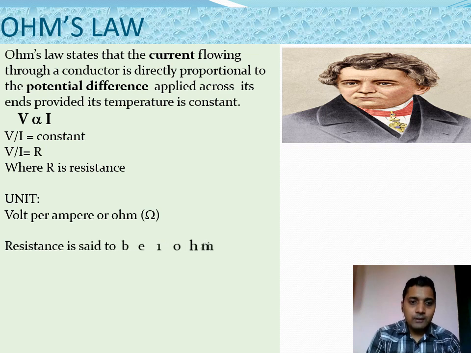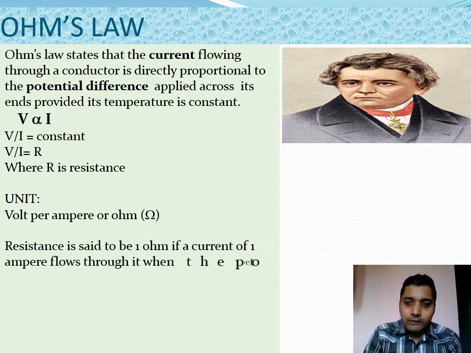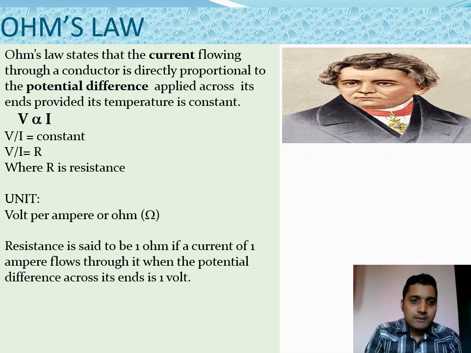And here, how can we define the resistance of 1 ohm? Here you can see V by I equals R. So when 1 ampere of current flows through a circuit with potential difference 1 volt, the resistance is said to be 1 ohm. A unit should be well defined, so you choose the type of unit which can define it properly.